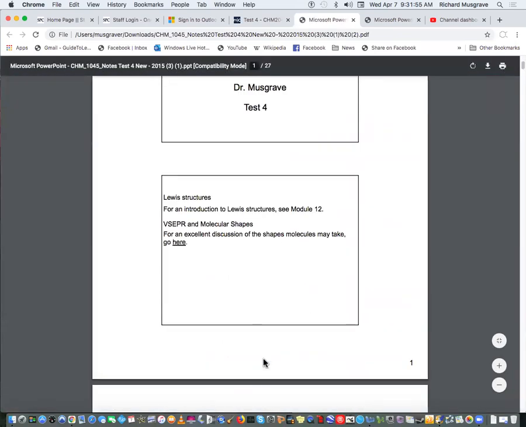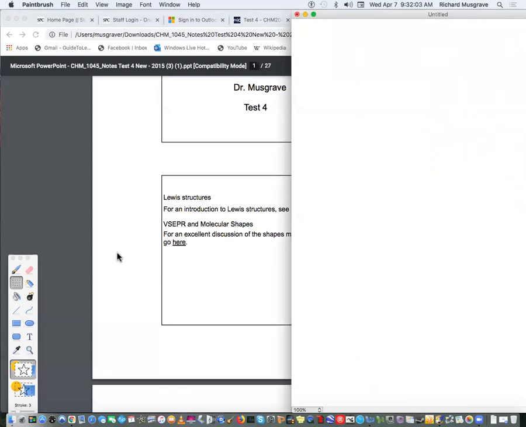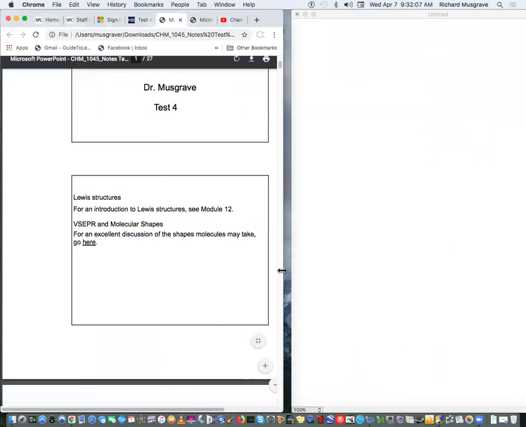And yeah, we talked about this in module 12, but we're going to add a few wrinkles here to the drawing of Lewis dot structures, and we're going to introduce some exceptions that you haven't seen before.